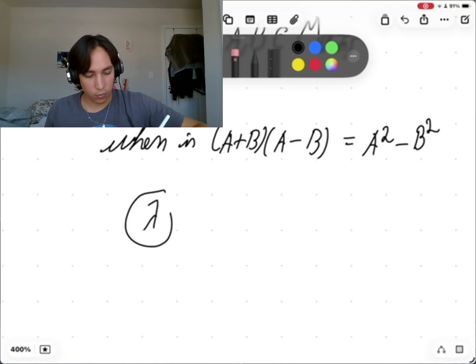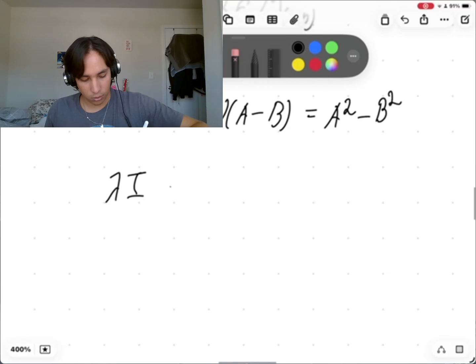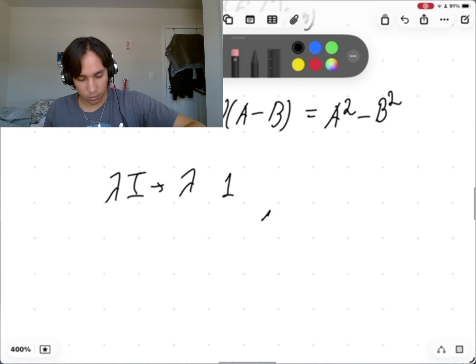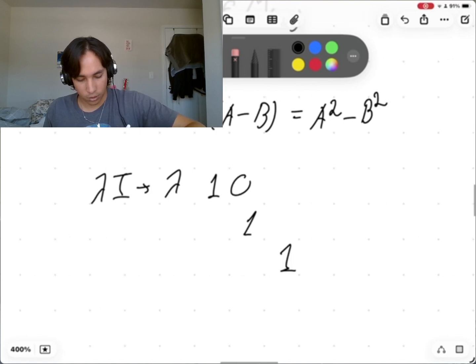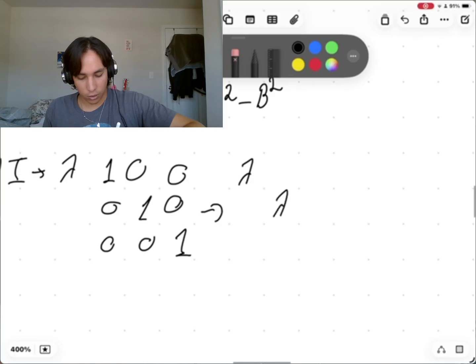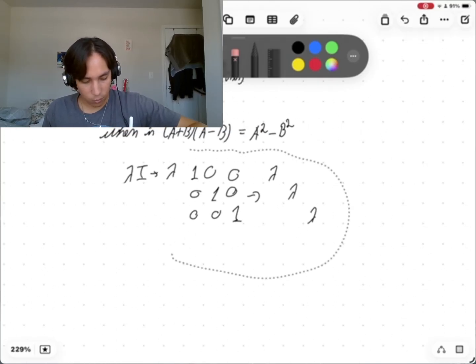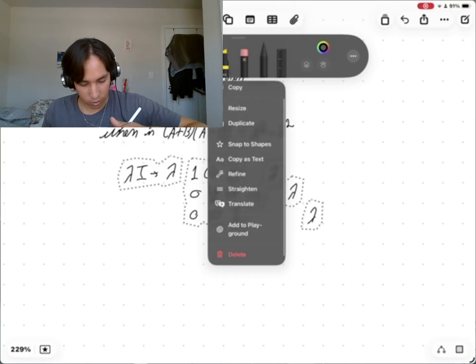To multiply it or subtract it with other matrices, you'd have to multiply it by I, the identity matrix, so that all of the non-zero entries are on the diagonal. So that's generally the way it would have to be, a diagonal matrix.